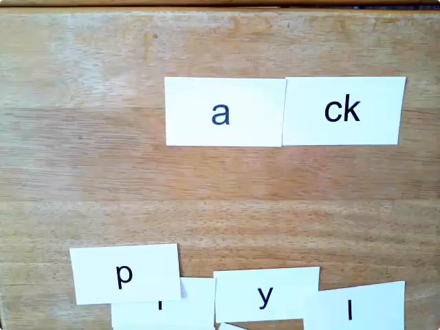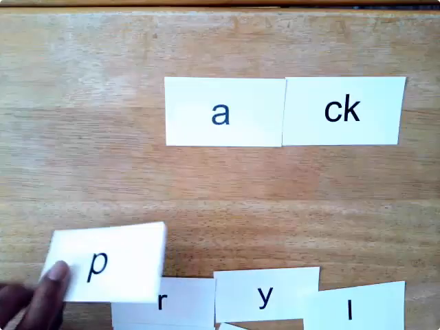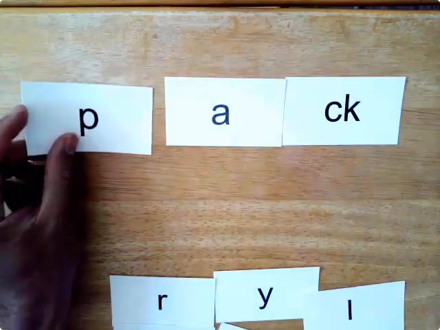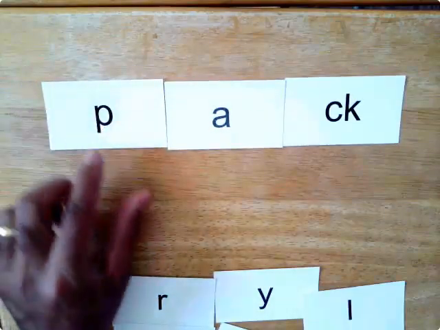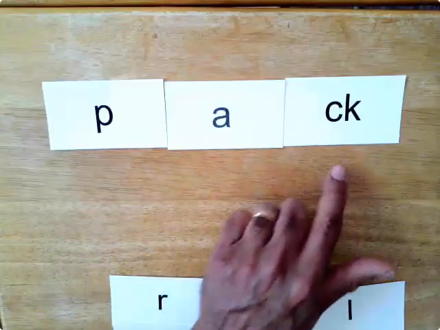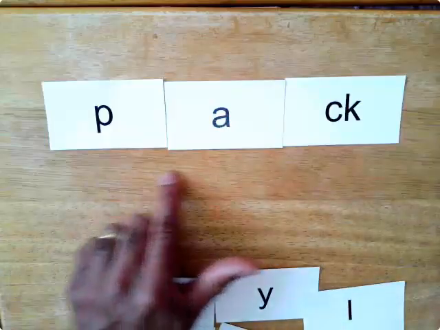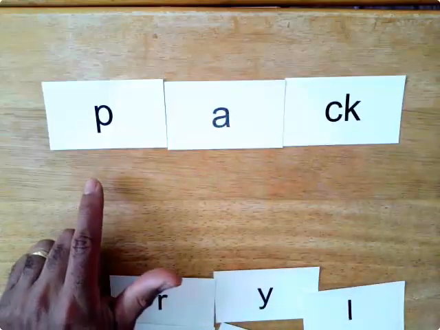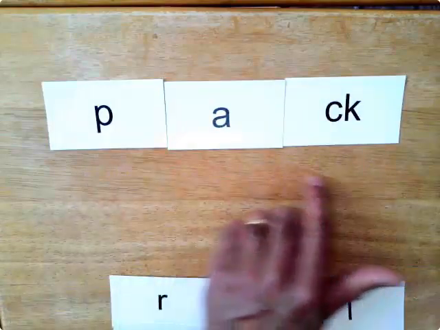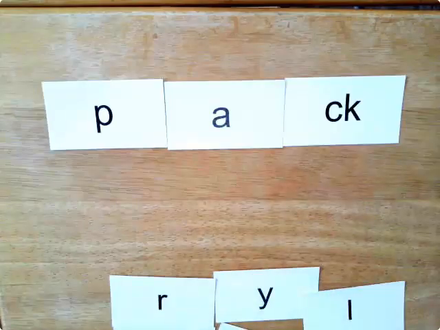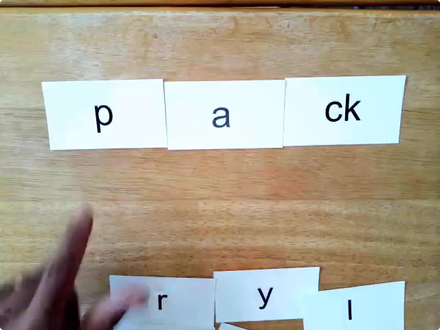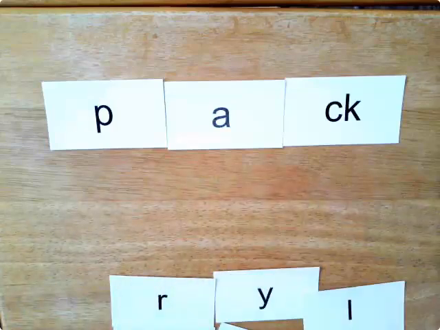P. If you said letter P, which stands for P, you are correct. The word is p-ack, pack. Blend the sounds quickly now. Pack. Now take a moment, pause the video, and make this word. Pack. Great job. You've made the word pack.